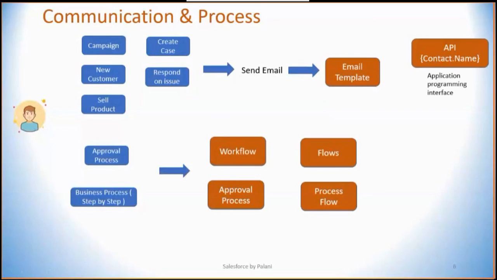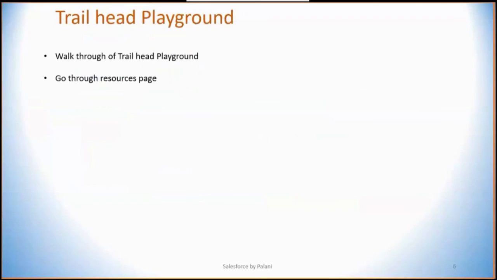For now, just understand that wherever you get these concepts and words, these are the ways Salesforce helps you create an approval process or business process. They will use words like workflow, flows, approval process, process flow. Just keep that mental map so that you won't get diverted a lot in the initial times.